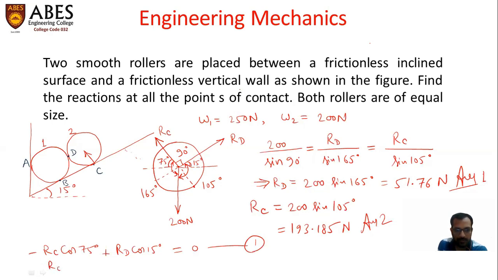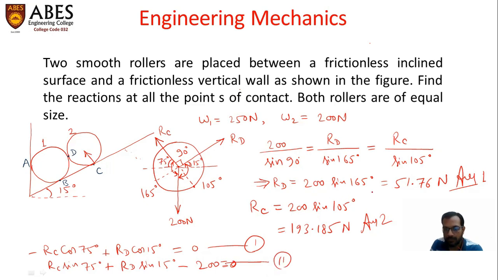RC sine 75 degrees plus RD sine 15 degree minus 200 equals to 0. So this is the second equation.